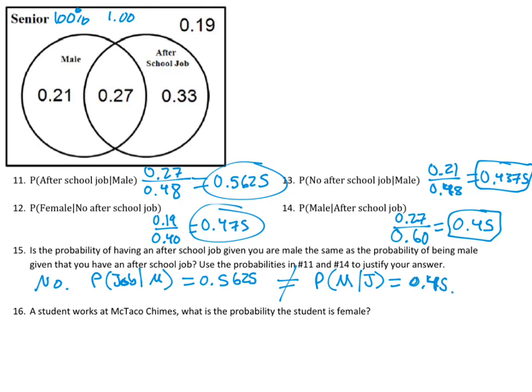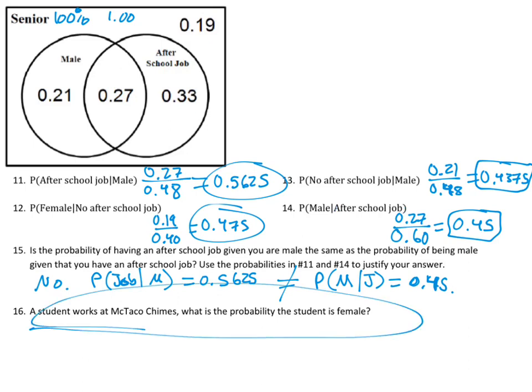Those are not the same decimals, so they're not the same probability. That's something I wanted you to notice: if you reverse the order of the words, that changes the probability because you're talking about different groups of people, right? Given someone's male, they're going to have a certain probability of having a job. Given they have a job, which means there's a group of male and females that have a job, what portion of that is male? That's not always going to be the same chance there.